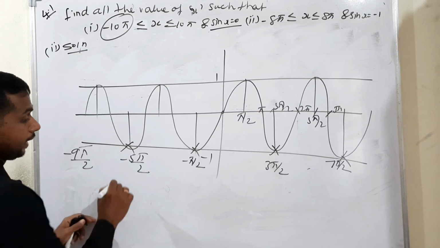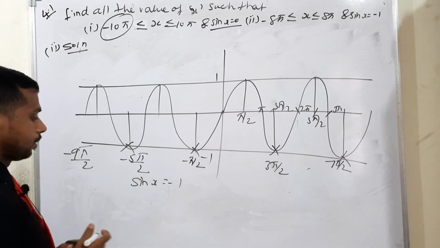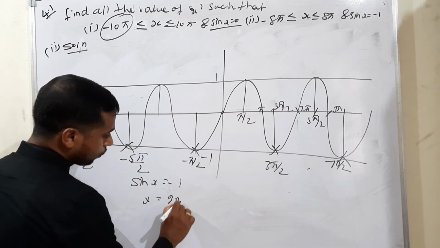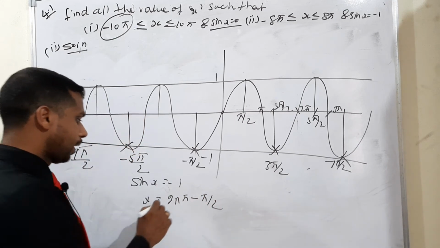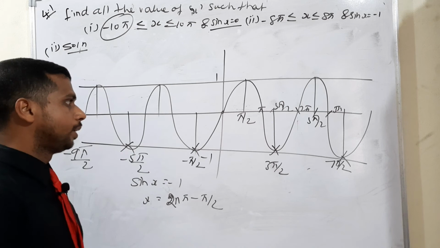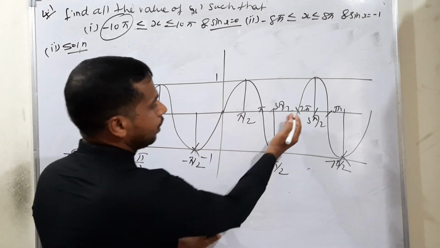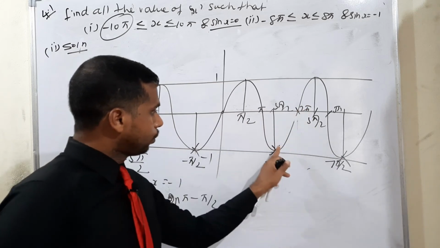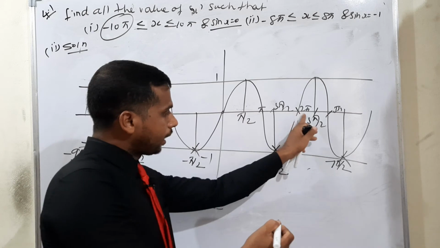But the condition is sin x is equal to minus 1. So the condition sin x is equal to minus 1 means therefore x is equal to the general term 2n pi minus pi by 2. Why are we saying 2n pi minus pi by 2? Each and every quadrant will be meeting at minus 1 before the 2 pi. Before the 2 pi, what is the difference? Actually negative pi by 2.